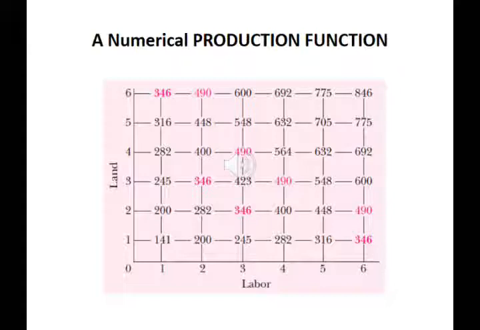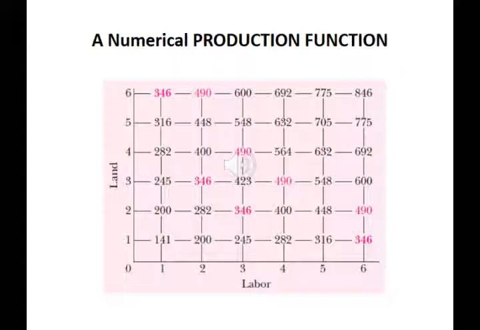So let's hold land constant in this matrix by sticking to a given row. By sticking to a given row, we are keeping land constant. Let's say that we're going to stick to row number 2, where we are having 2 acres of land used.